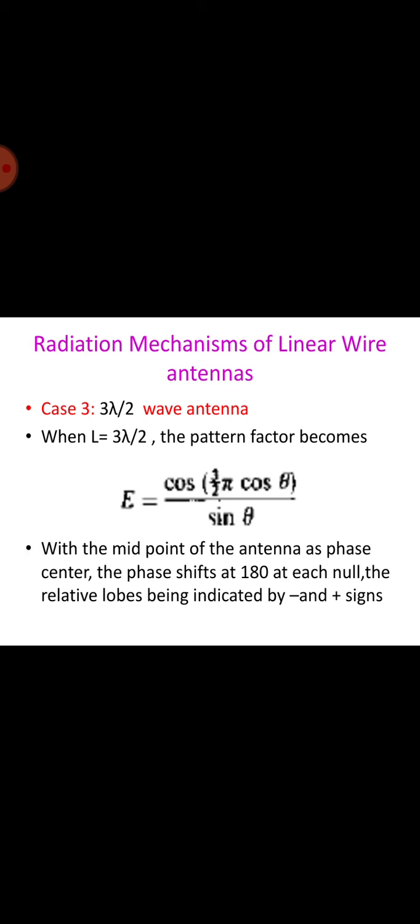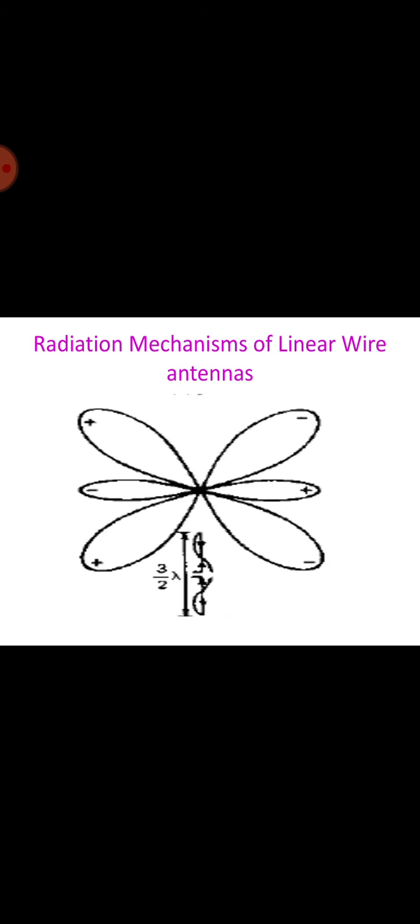And now let us consider the third case, that is 3 lambda by 2. When L is equal to 3 lambda by 2, the pattern factor E is given by cos of (3 by 2 pi cos theta) divided by sin theta. The pattern for this case is shown here.